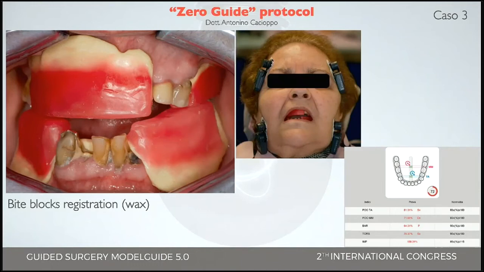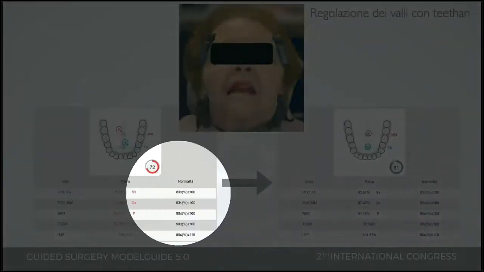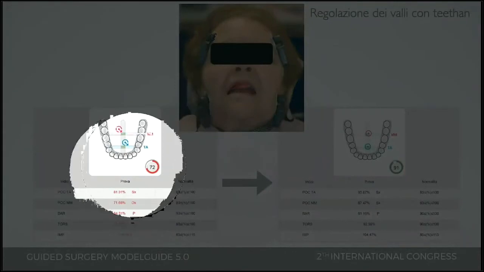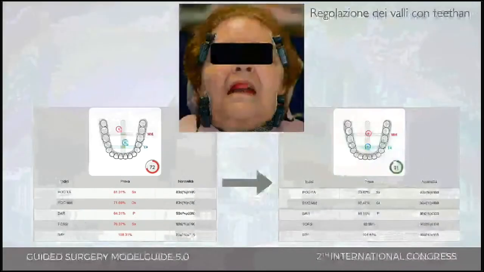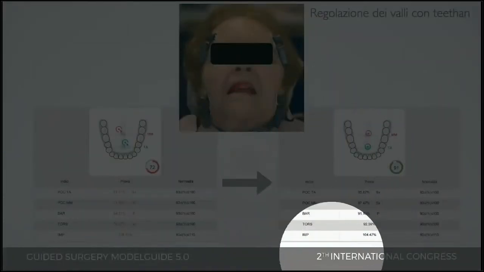Absolutely, we can have more, and I want to have more, because I start this registration with the Teethan. And this is how I manage this imbalance. I started with an absolute imbalance, and I rebalanced the axis.